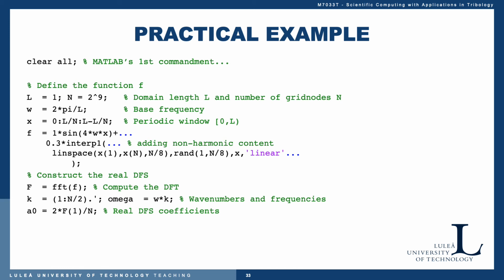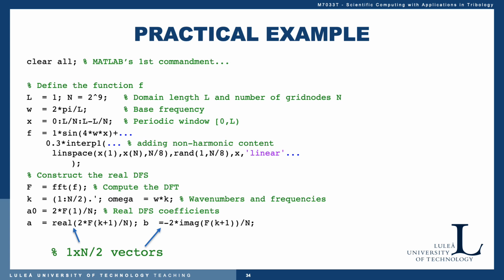Now we can evaluate a node by just taking the first value of f times 2 and divide it by n, and following the rest of the recipe that we presented before, we get all of the a_n's by just taking the real part of the rest of the Fourier transforms for the rest of the discrete frequencies, and b as the negative imaginary part of the same thing.